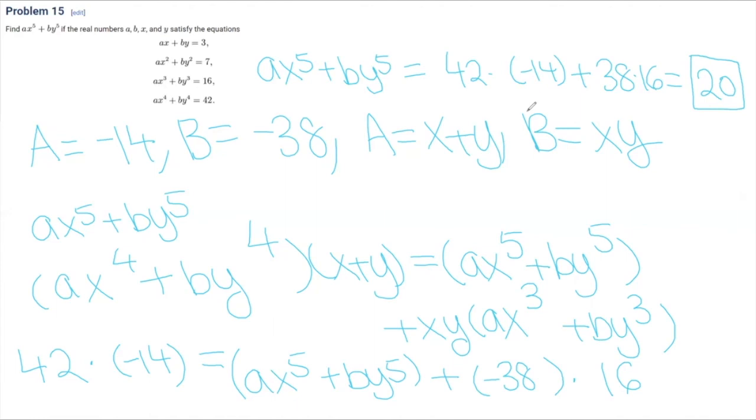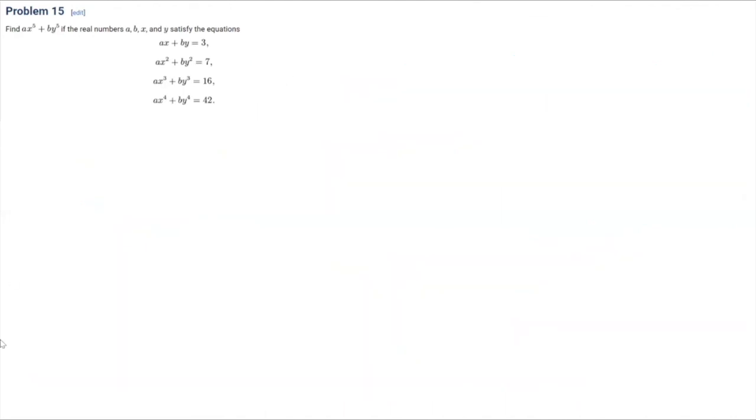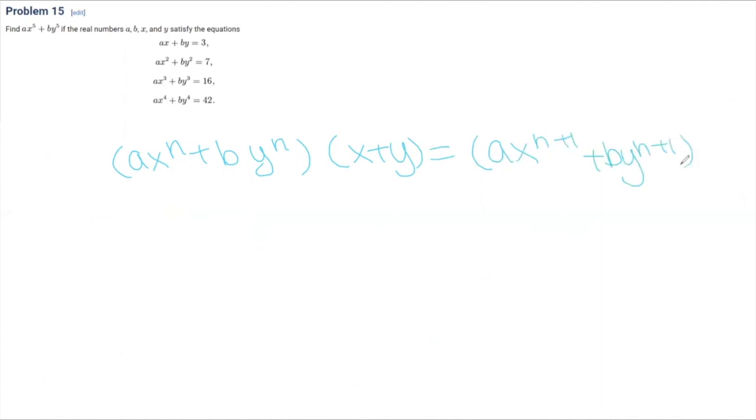And another important thing that we would notice is this expression, but generalized. Let me just clear all my results, but a general expression would be a times x to the nth plus b times y to the nth, times x plus y, is equal to a times x to the n plus 1 plus b times y to the n plus 1, plus xy times a times x to the n minus 1 plus b times y to the n minus 1.